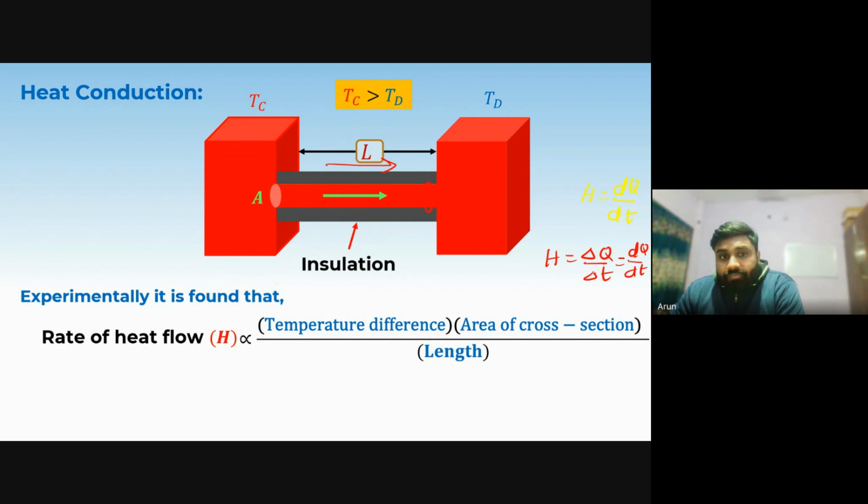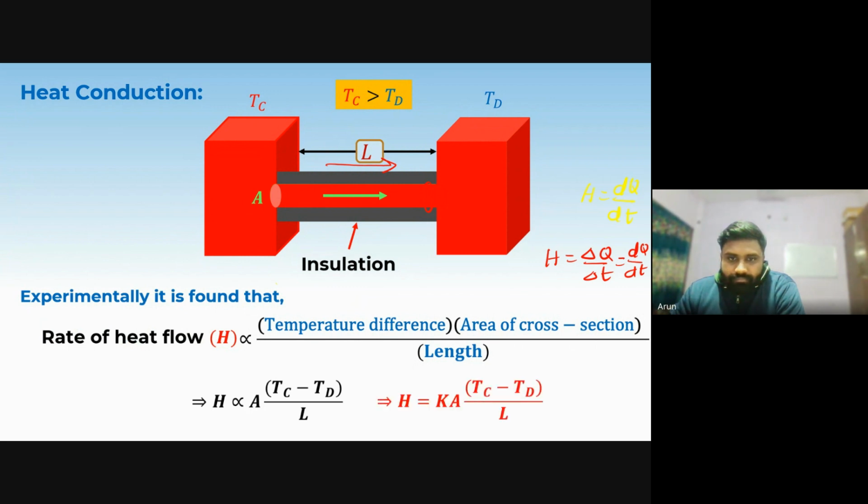So rate of heat flow is directly proportional to temperature difference, area of cross section divided by length. H is directly proportional to A (Tc minus Td) upon L. So we can say that H is equal to K A (Tc minus Td) over L. Got it? Anyone, any kind of doubt? If you have, you can put this in the chat box.